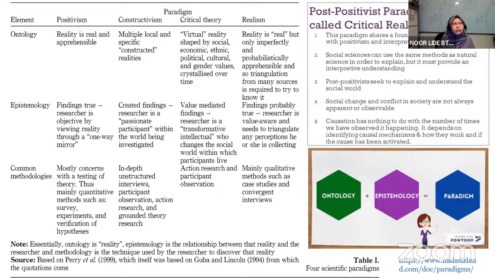Therefore, you have to gather information from different sources, through different methods, so that you can then triangulate. Okay, so the methodology often used with this kind of paradigm is usually qualitative in nature, where they have case studies and convergent interviews and so on and so forth.